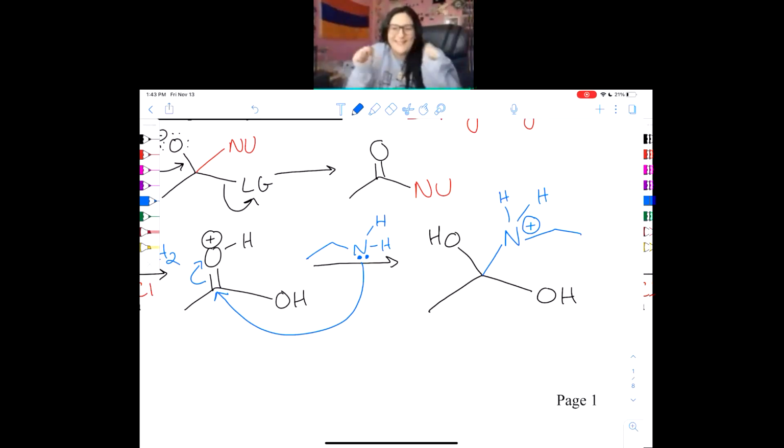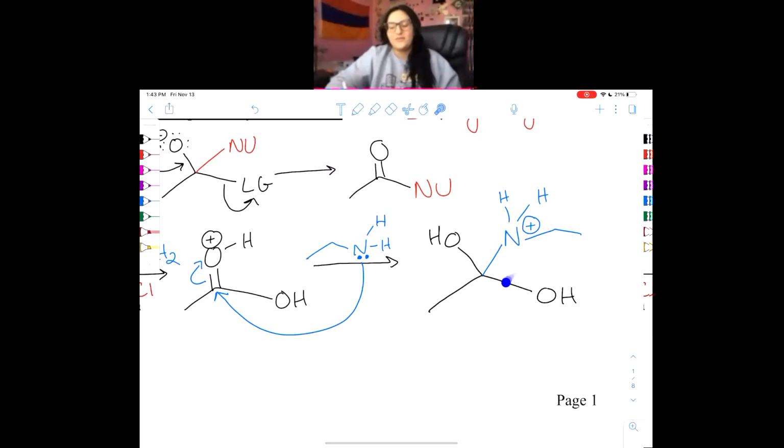Proton transfer, yes. Intramolecular, yes. Okay, awesome. So now we have to think about which one of these OHs is going to get the hydrogen. Does it matter? No. Perfect. And the reason is because they are both OHs.